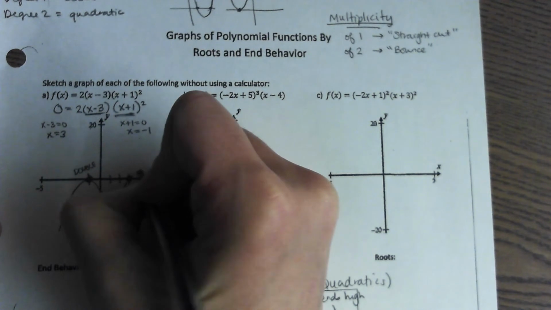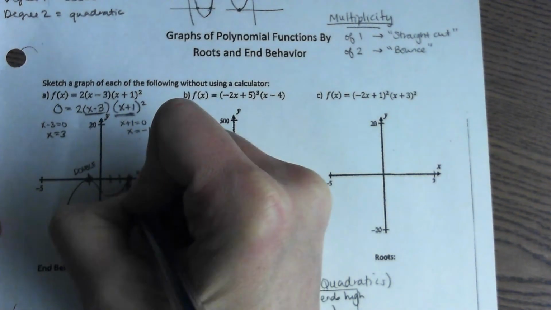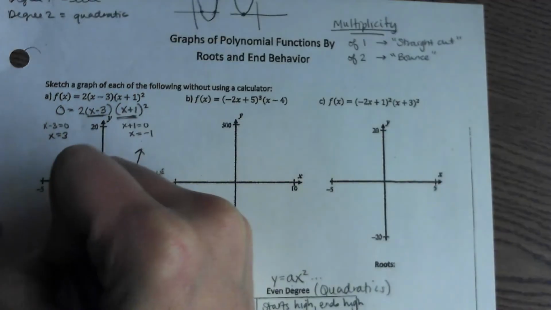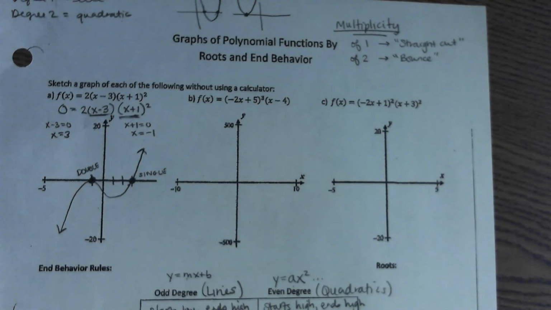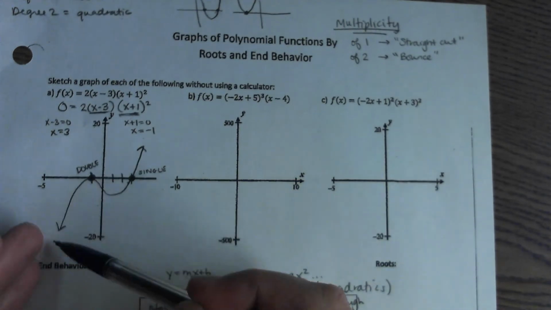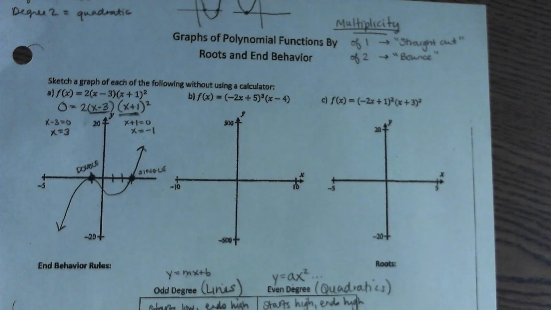This was a single root. So we just cut straight through. And that whole overall positive slope of starting low, ending high, should take care of itself if you've bounced or straight cut through properly. Okie doke.